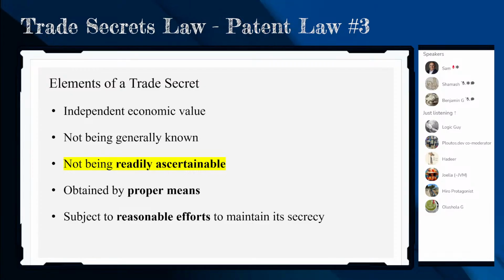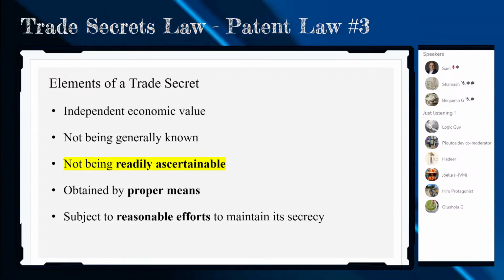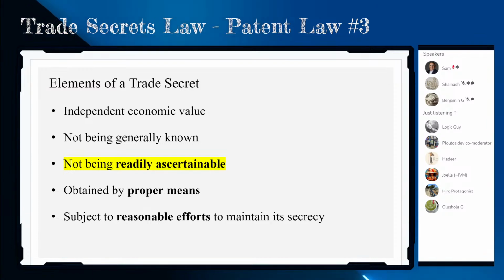When we look at the cases and where the litigation is, trade secrets doesn't come into play until somebody misappropriates somebody else's trade secret and there's a lawsuit. That's the first time we analyze whether the information is a trade secret or not.